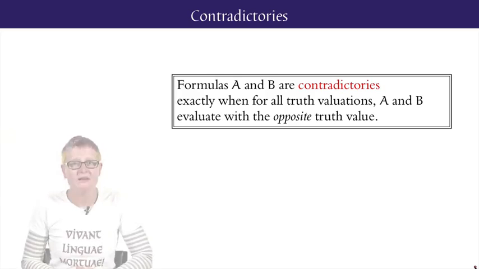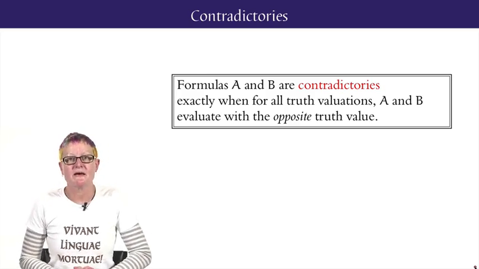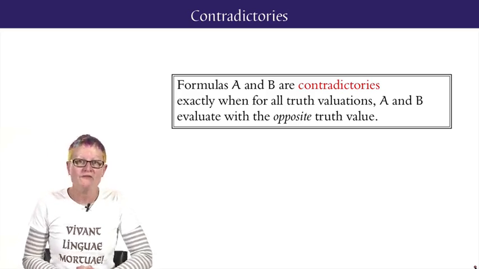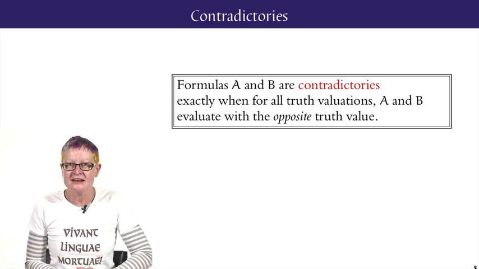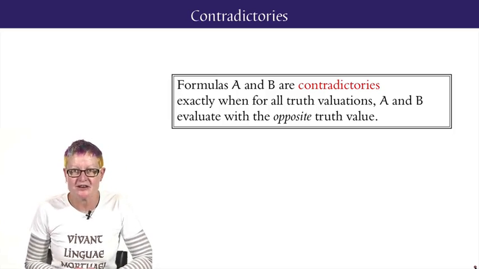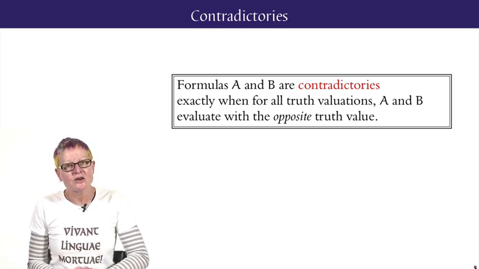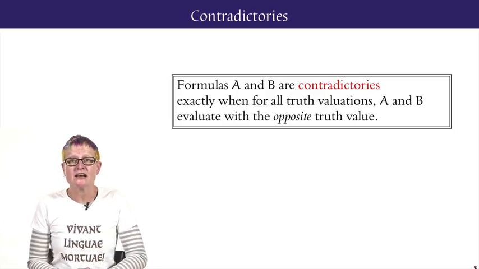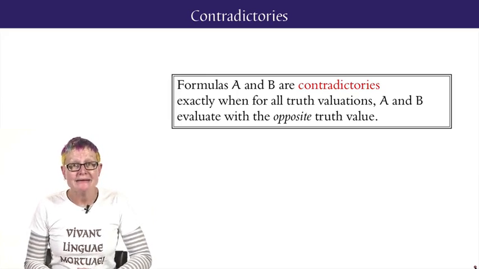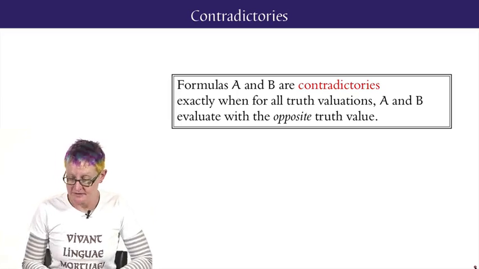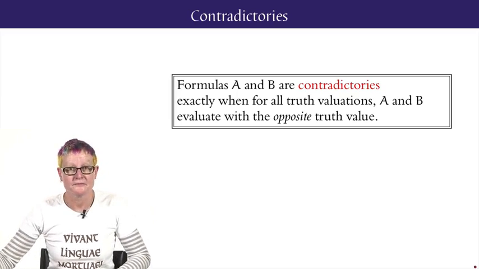Logically equivalent formulas have precisely the same truth values under all valuations to atoms. The opposite notion is that of logical contradictories. A and B are logical contradictories exactly when, for all truth valuations to their atoms, A and B come out with opposite truth values.